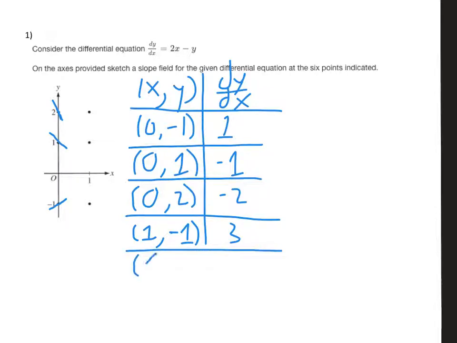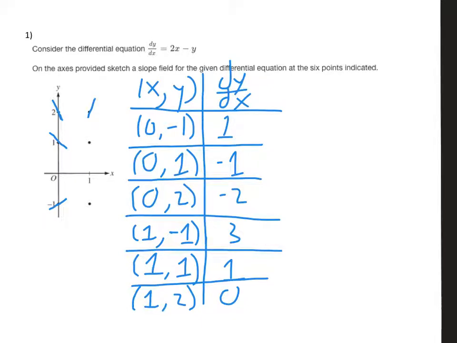And then 1, 1, and that's going to be positive 1. And then 1, 2, well, that's going to be 0. So graph all those 3. So positive 3, positive 1, 0. Fudge that one a little bit. And that's all we're looking for there.